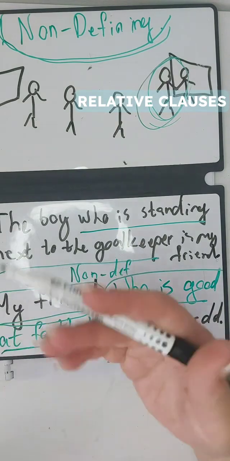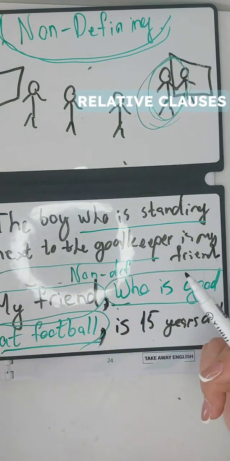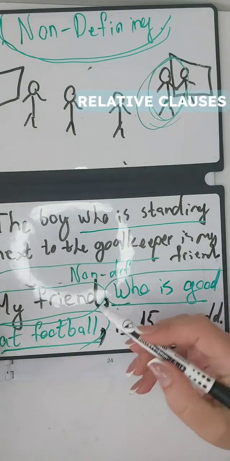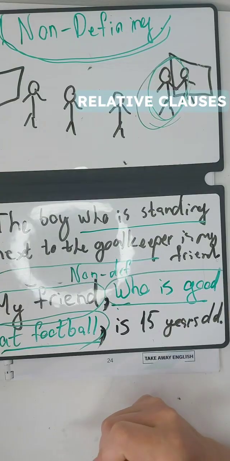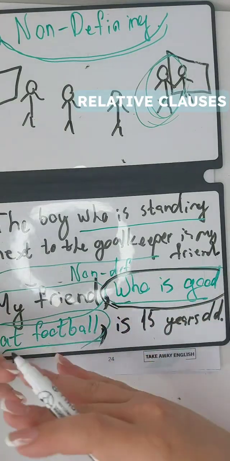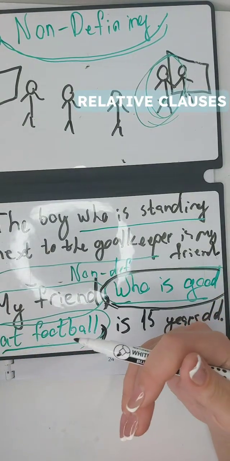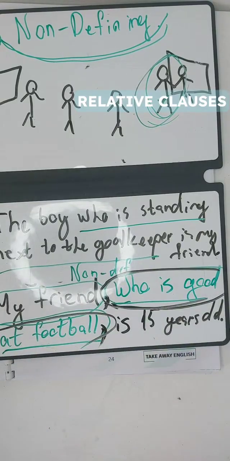So we don't just put these commas randomly. They are essential. So we can add extra information. And it's, of course, optional. Even without this information, the person already knows who or what we are talking about.